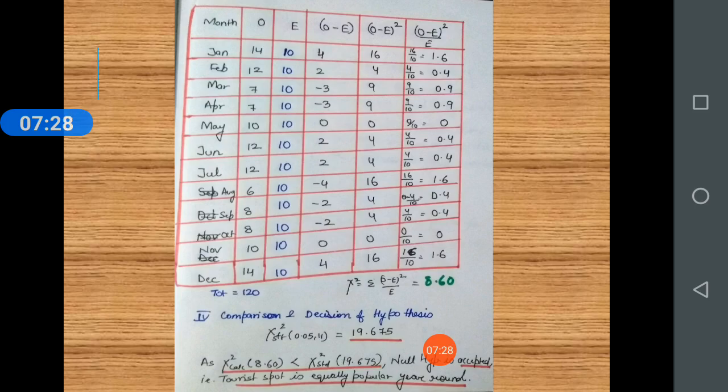So now, because the chi-square calculated 8.60 in this case is smaller than the chi-square standard value of 19.675, this means that the chi-square calculated lies in the acceptance region, which means that the null hypothesis may be accepted, or we can say that the tourist spot may be equally popular year round.